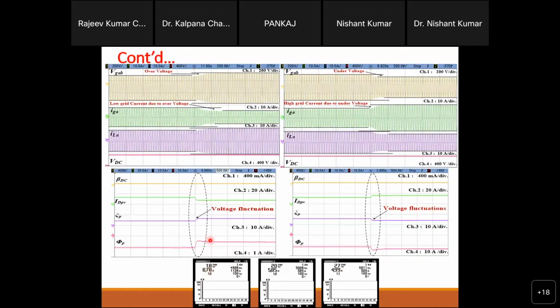Here the current is high: under the under voltage condition, the current amplitude is 6.78 ampere. For the over voltage condition, the current is around 5 ampere. So the denominator is different, and that's why THD fluctuates accordingly. Similarly, you can see the midway value here, 5.8, in between.